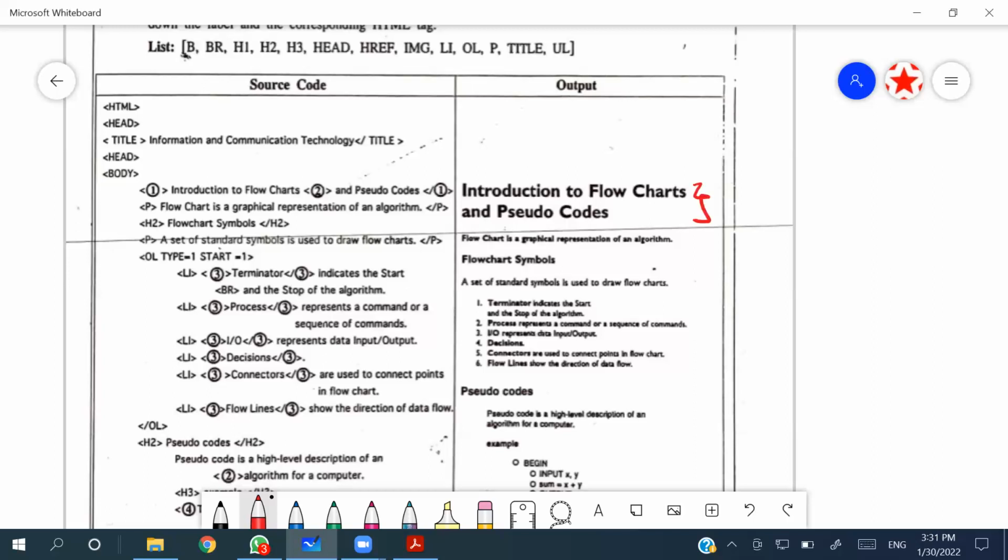These two things are in big letters, bigger fonts. That gives us the H tags, right? So it's better we go with H1. Sometimes they may go with H2 as well, but 1 is going to be the H1. And after the flowchart, the rest of the things are on the next line. So that can be done using the BR tag. So this is going to be BR.